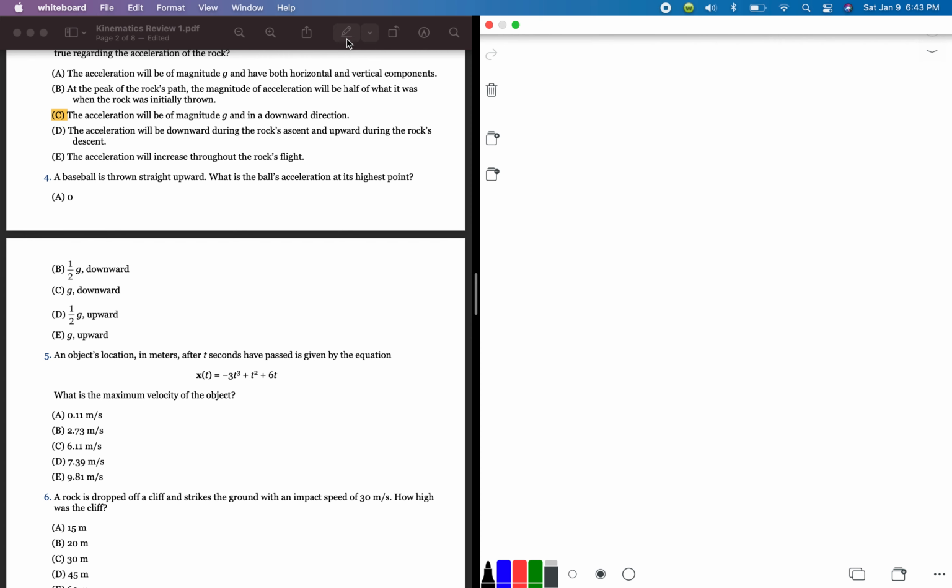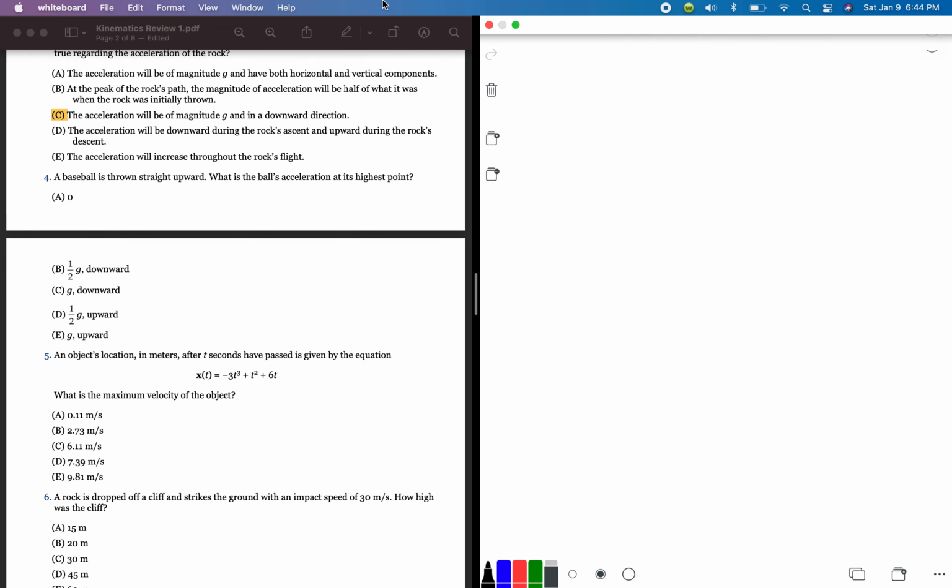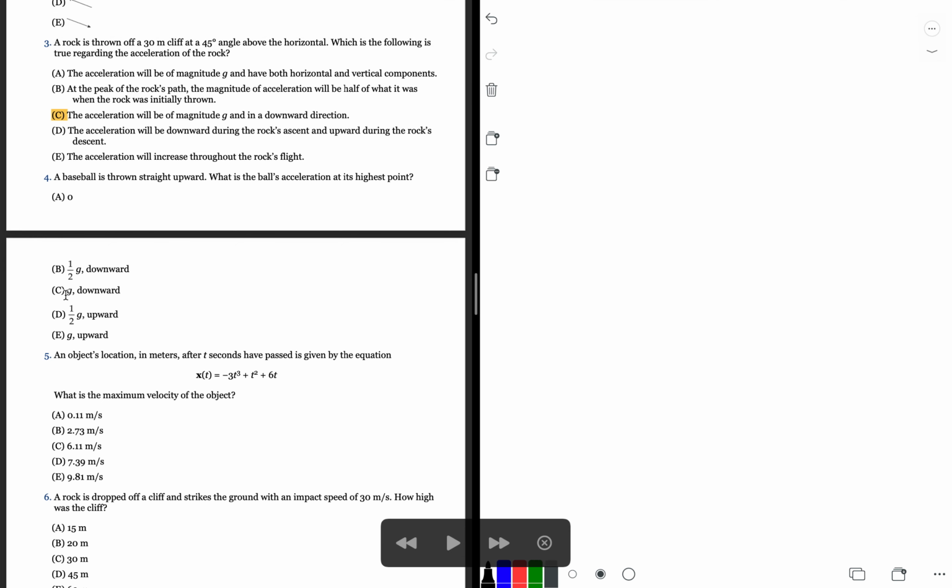However, it must have a downward acceleration or else it wouldn't come down. It would stay up in the air. Right? So logically, it must have an acceleration.